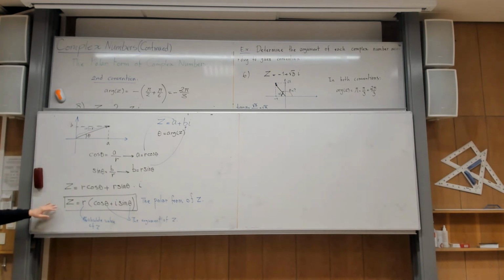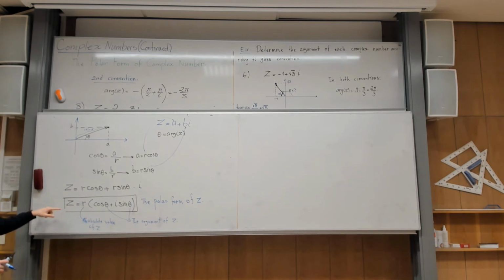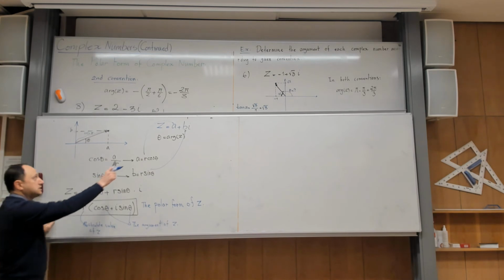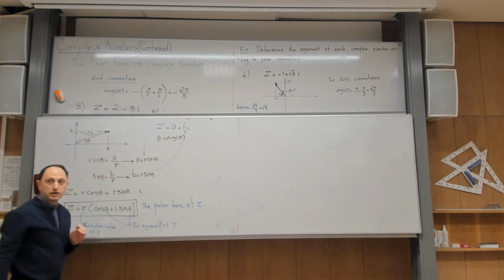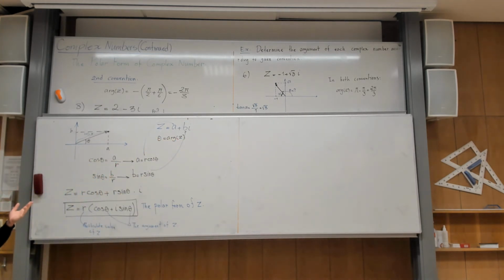So you might wonder why I make such a simple, innocent complex number so complicated. Yes? The reason is that later we have a very important theorem, and that is De Moivre's formula. The point is that if I ask you to raise this number to power 100, for example, it becomes very, very hard.